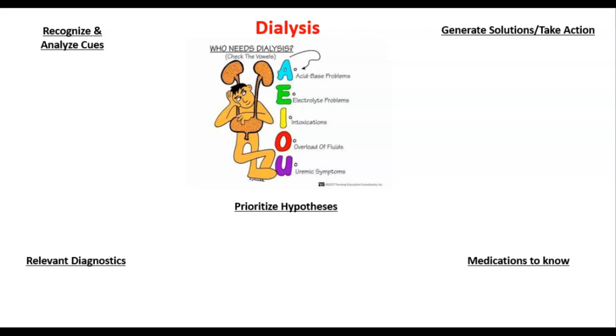Prioritizing hypotheses, which would be the most pressing priorities in this procedure and the patient who has dialysis. Generating solutions and taking action. These are the skills, procedures, collaboration, teaching, and ethical concerns, and then of course medications to know. All right, so let's get started here.